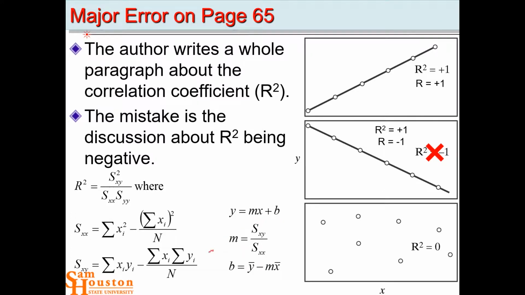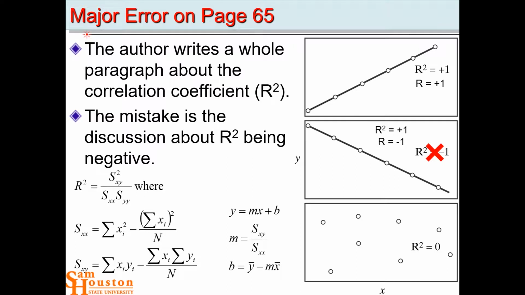Then you subtract the sum of all the X column times the sum of all the Y column divided by N. And that would be the SXY value. Once you calculate these values, SXX, SYY, and SXY, then the ratio of SXY to SXX is M. So it's pretty simple to do.